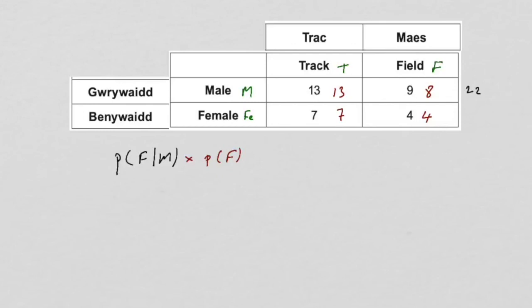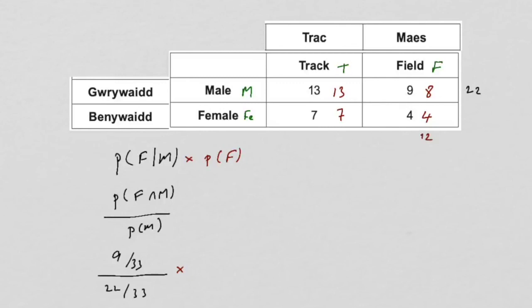But we could write this instead as the probability of field and male divided by the probability of male. And this would give us 9 over 33 divided by 22 over 33. Either way, for the second probability, we're looking at the total number of field athletes, which is now 12, divided by the total number of athletes, which is 32.